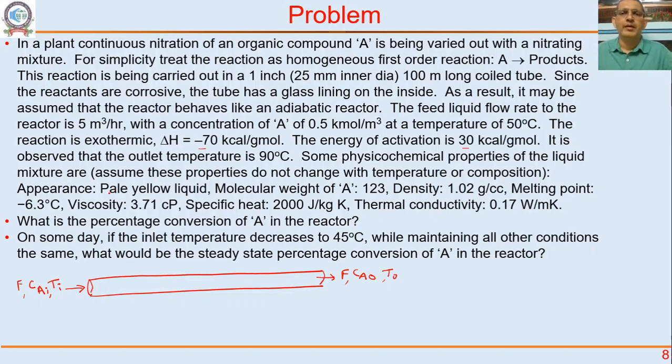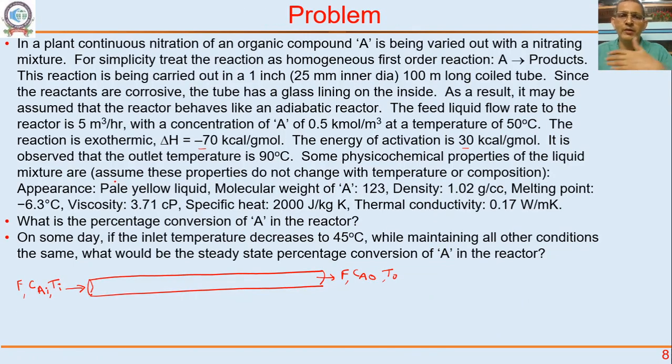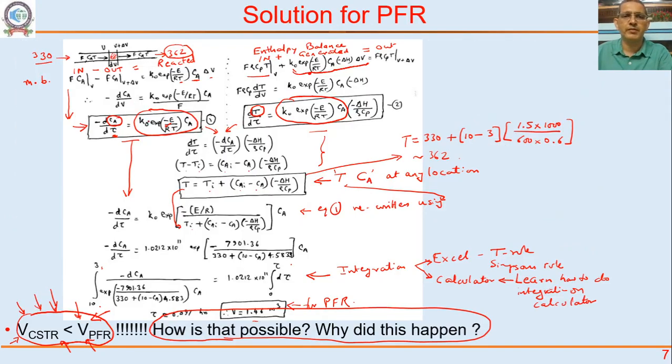If you write the same expressions as last time, try to think what is known, what is not known, and try to calculate whatever is unknown using these two expressions. Let me rub out all this now. Use these two expressions.